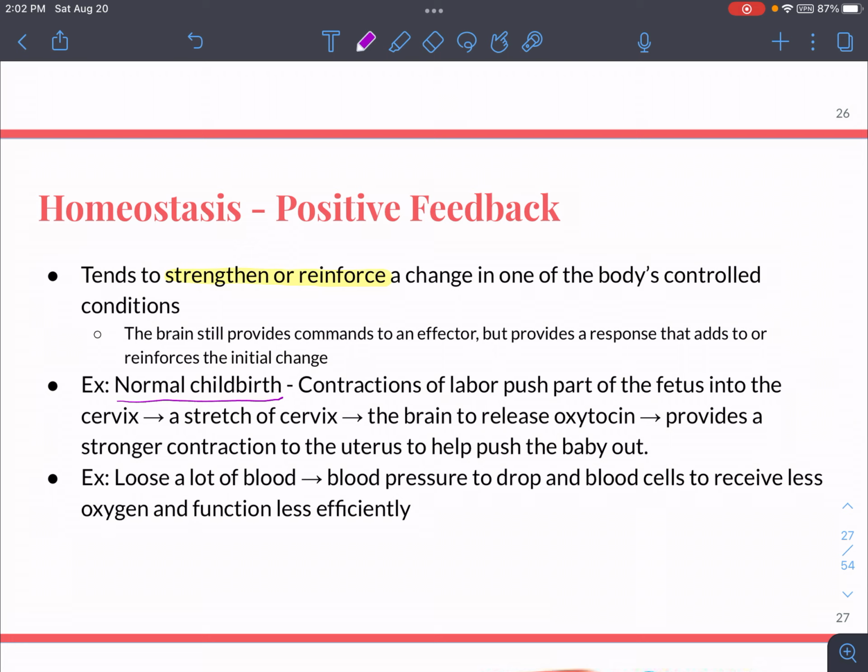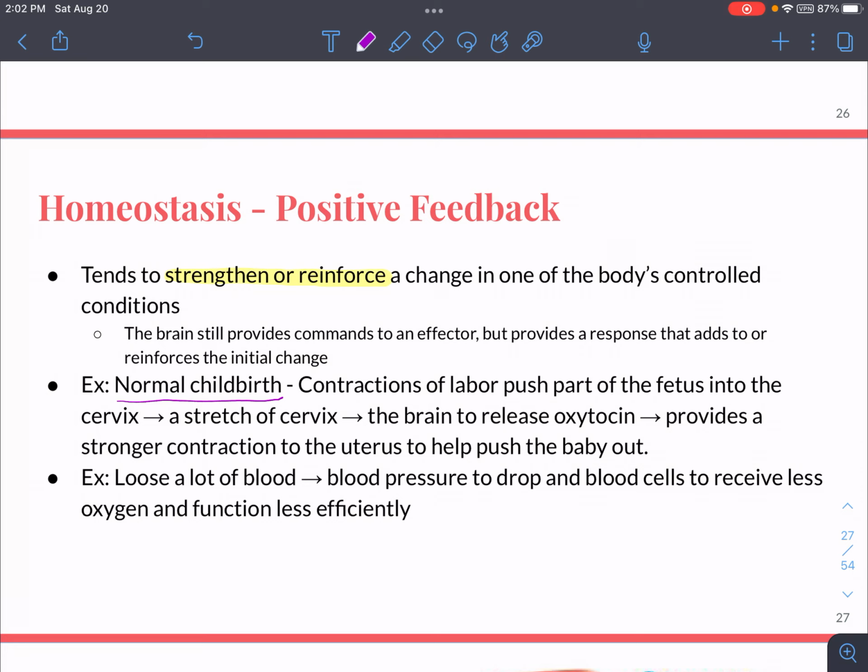So we have contractions that start, the push of labor that helps push that fetus into the cervix to come out. There's a stretch. As soon as the stretch of the cervix starts, the brain releases oxytocin.